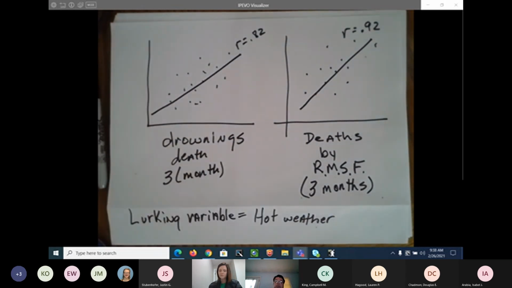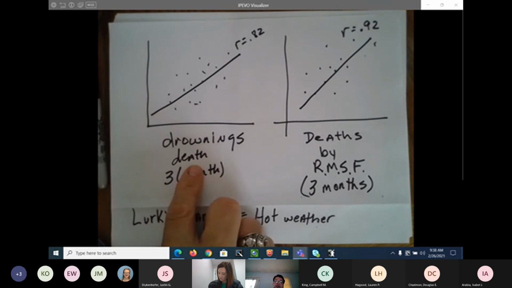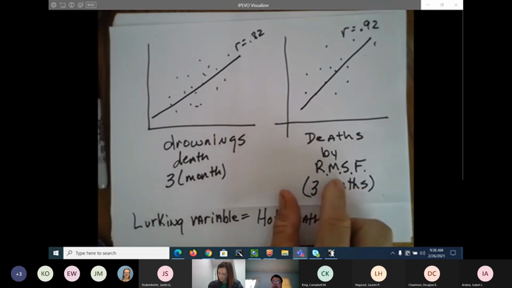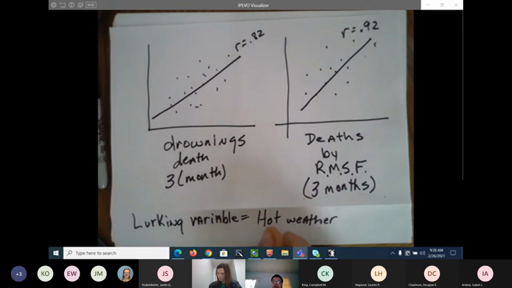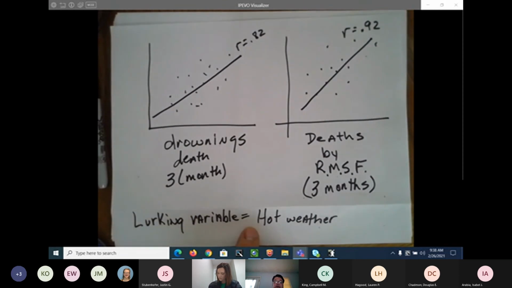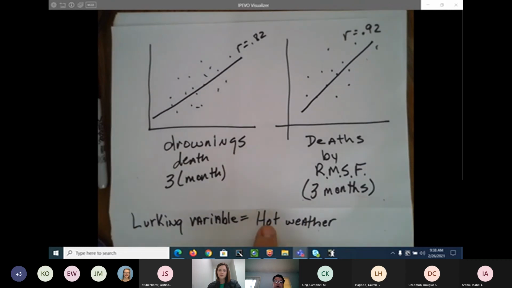I can't remember. But the drowning deaths and the deaths by Rocky Mountain spotted fever, they have nothing to do with each other, but there is a lurking variable. And these are the hot weather months. The three months that they measured are the hot weather months, maybe June, July, and August.